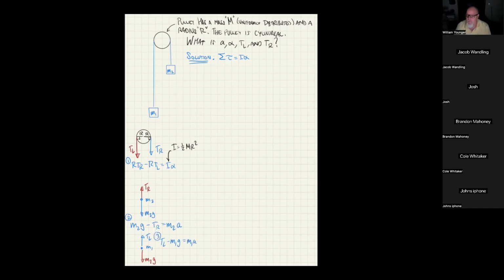Notice my unknowns are TL, TR, alpha, and A. That's 4 unknowns. But because I was wise in making sure all these signs match, so a positive alpha corresponds to a positive A, corresponds to a positive TR, corresponds to M2 going down, which is positive, all that stuff, then I have the very simple expression A is equal to R times alpha, which is true as long as there's no slipping.